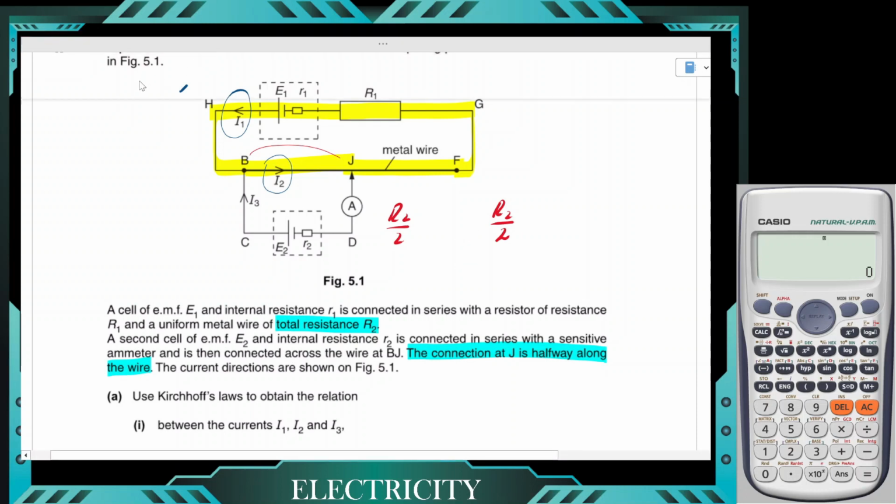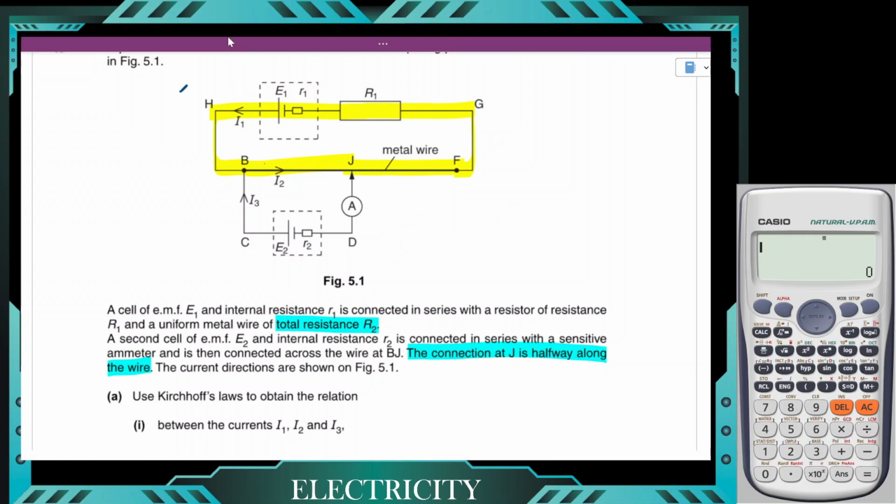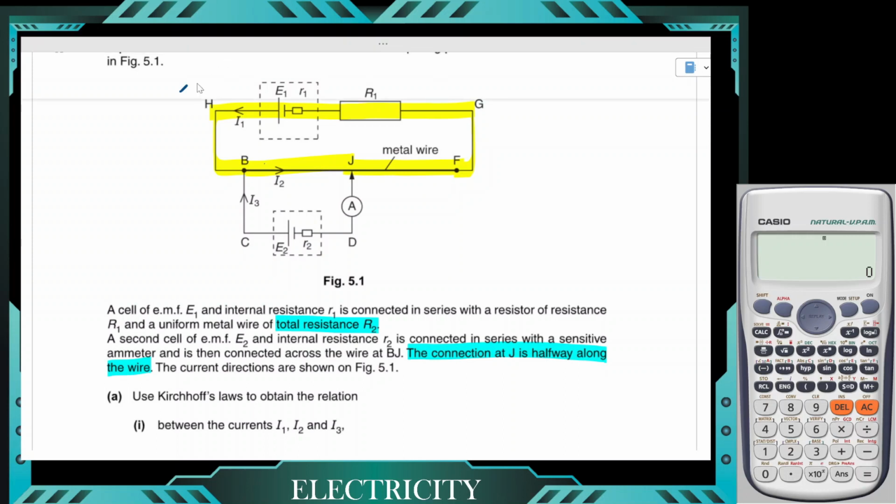So if I draw the circuit for this one, converting it into a circuit containing the resistors, it will look something like this. I'm not going to draw the lower loop, I'm just going to draw the upper loop. This is B. From B to J, the portion of the wire has resistance R2 over 2, half of R2.